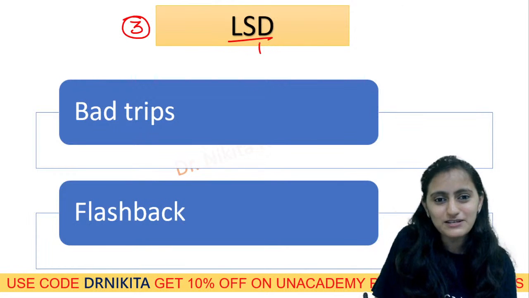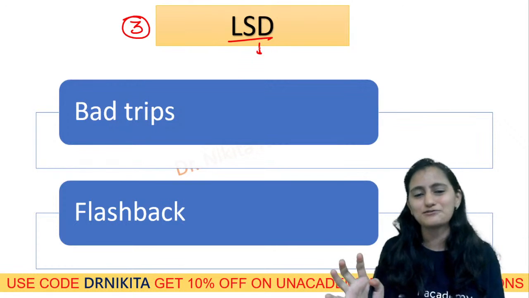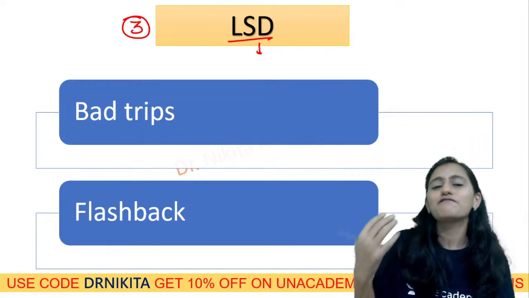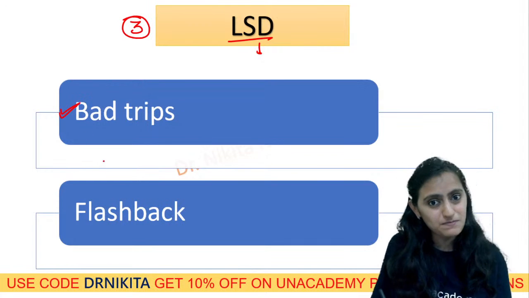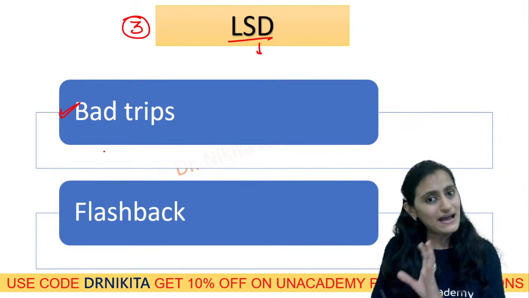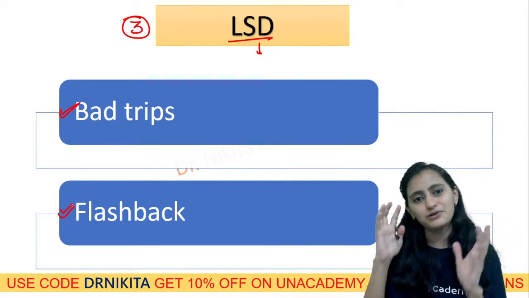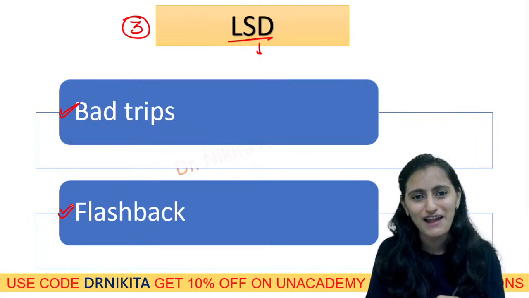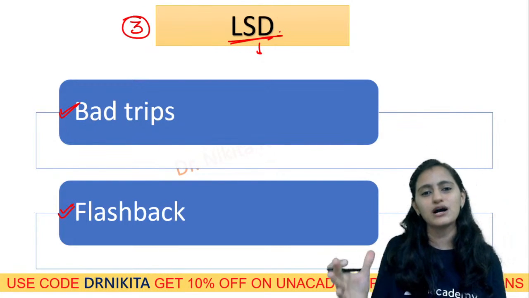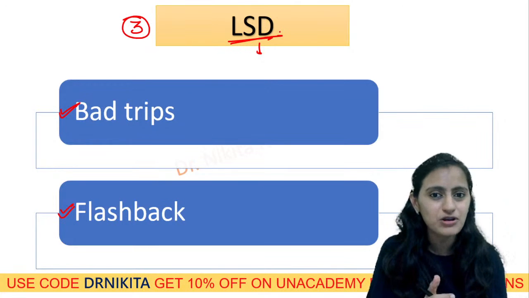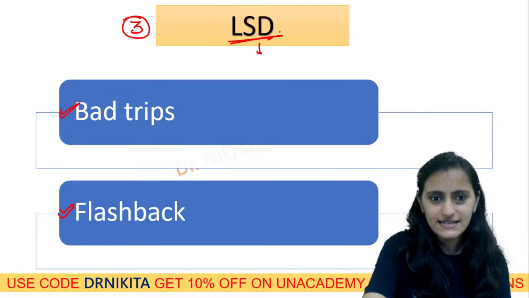So whenever the patient comes back from Bangkok, the patient develops something like PTSD, where the patient keeps having flashbacks. So the person basically has a bad trip. The person had a bad trip experience, and that keeps flashing back. The bad experiences always give us a flashback, right? So easy to remember, LSD is love, sex, dhoka on a trip that leads to a bad trip experience and flashbacks, right? So that is about LSD.